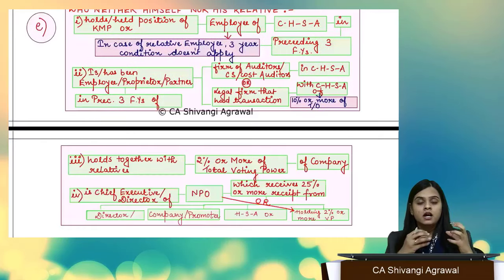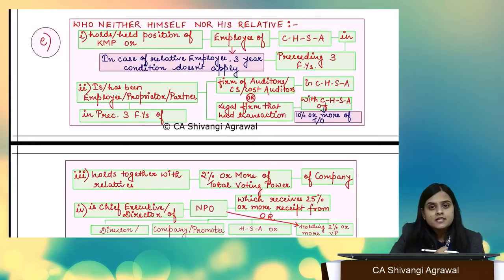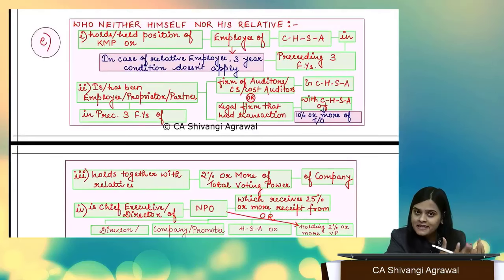Now, you or your relative should not have been a KMP or employee in CHSA in the preceding 3 financial years. However, a relative may have been an employee.